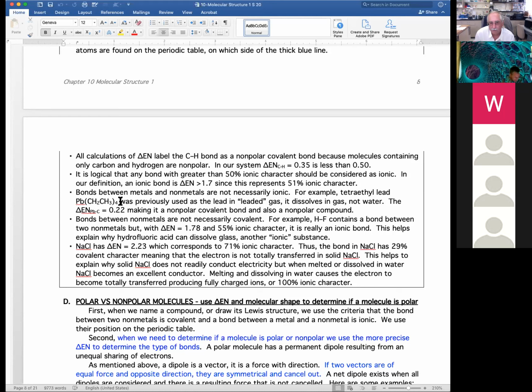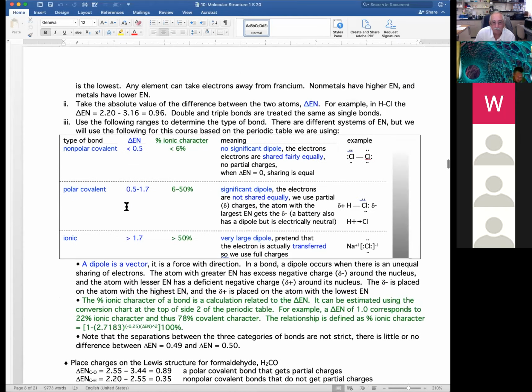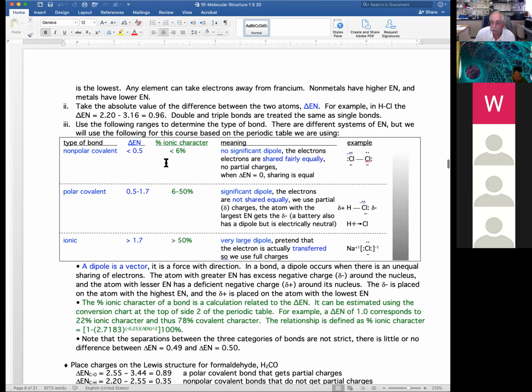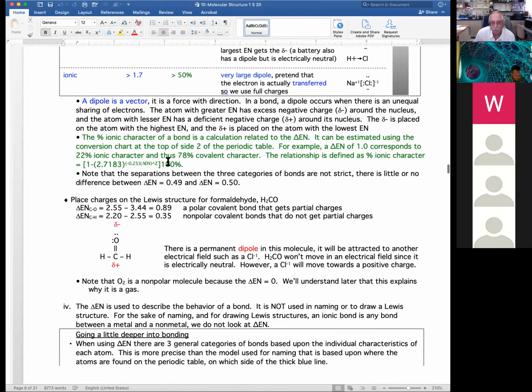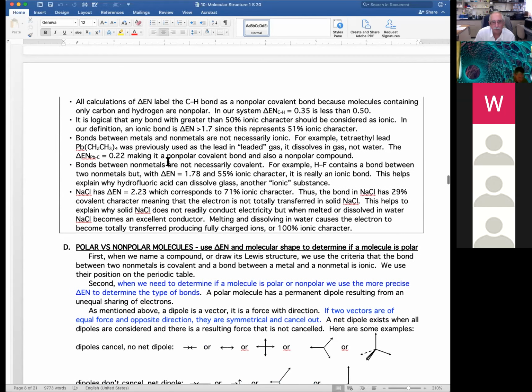What that means is that this molecule is behaving like it's not a magnet. And if we look at the difference in electronegativity between lead and carbon, it's only 0.22. That really makes it a nonpolar covalent bond. So there's little or no charge on tetraethyl lead, which is why it dissolves in gasoline and not water.